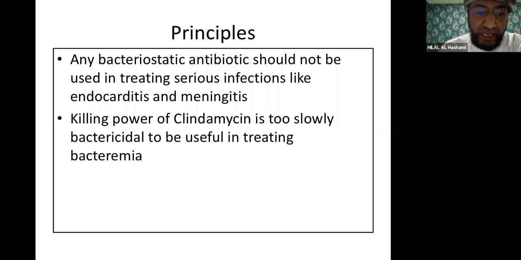The killing power of clindamycin is too slowly bactericidal for it to be used in treating bacteremia. For example, in meningitis, MRSA bacteremia or infective endocarditis, we don't use clindamycin because it's bacteriostatic; rather we use vancomycin.